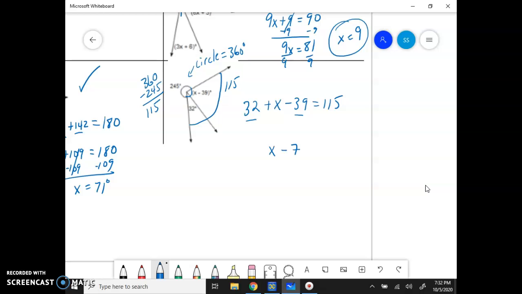So 32 minus 39 is negative 7, so x minus 7 is equal to 115. Then I just add 7 on both sides, and I get x is equal to 122, just like I did before. So both ways work, whichever your preference. If you like dealing with 360, or if you like dealing with a little bit smaller numbers, whichever one works for you is fine with me.